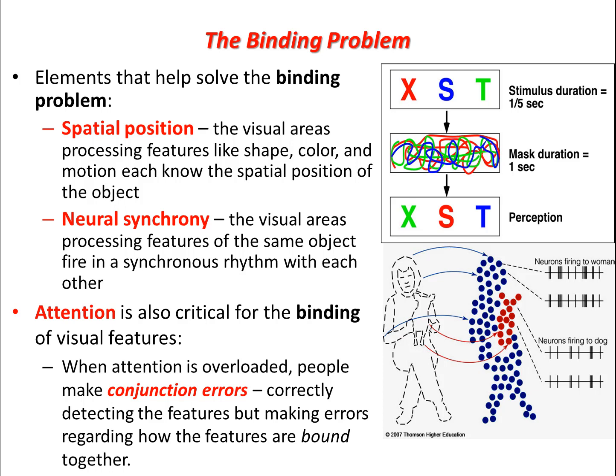Studies suggest that synchronized neural firing occurs in an animal's brain when the animal is attending to a specific stimulus, but does not occur in neurons that are processing an unattended stimulus. So it seems then that attention might in fact be contributing to binding through enhancing neural synchrony or the rhythm of firing.